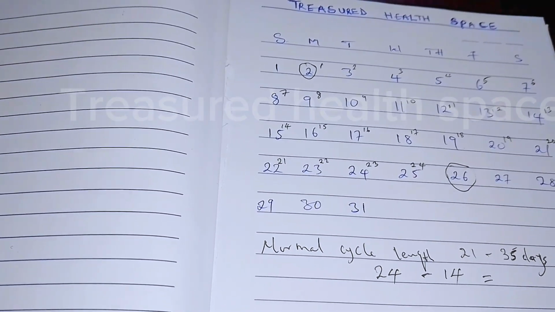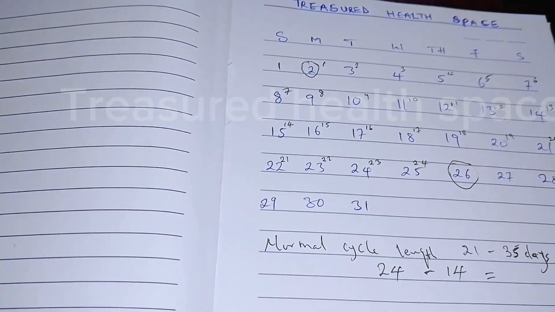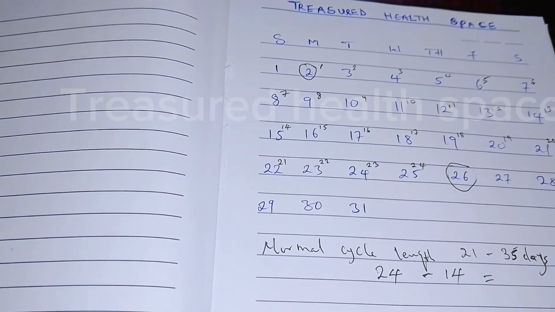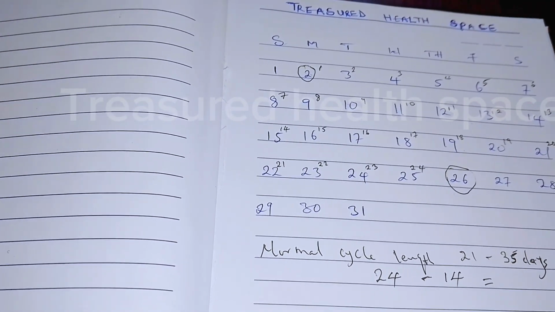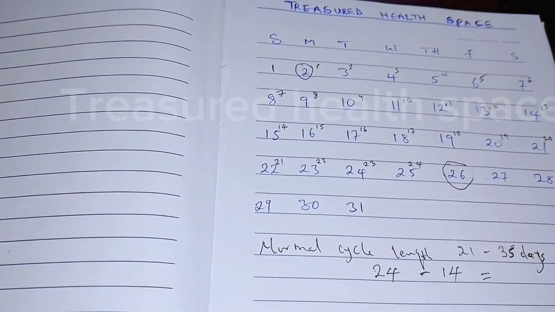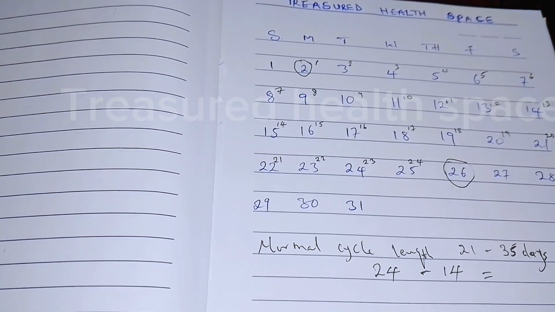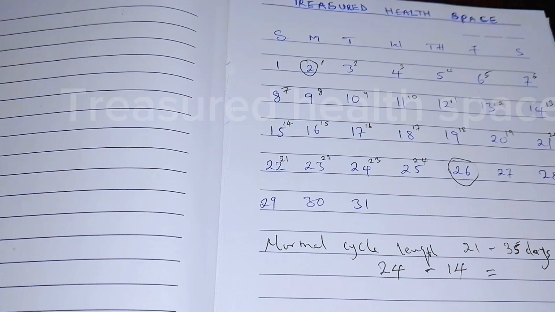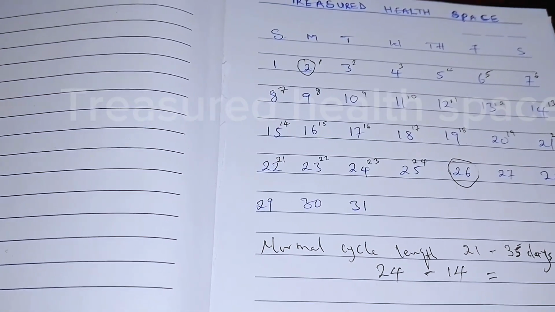In the first phase, which is menstruation, the egg had already been released, and because it was not fertilized, it gets reabsorbed and the uterine lining sheds off, and that is what you see as your menstrual blood.